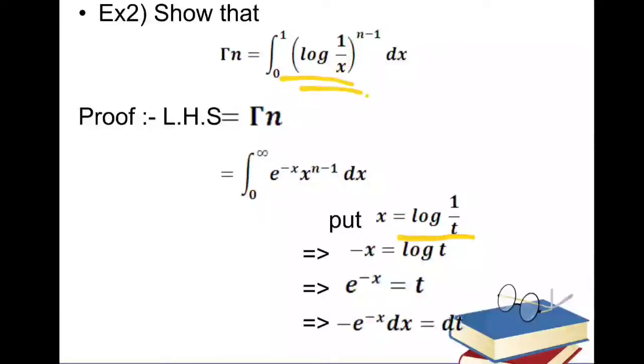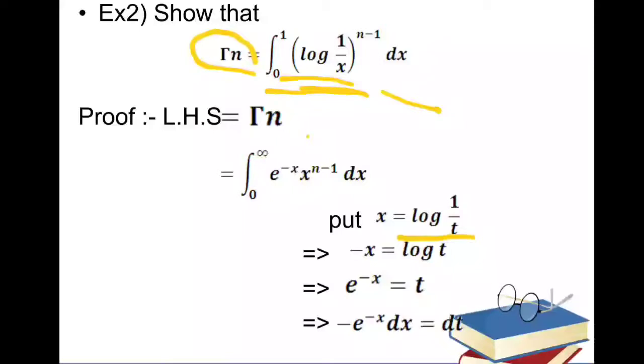At that time we put log of 1 by x equals t, and then take antilog, and we convert that integral into the definition of gamma of n. But in this lecture I am going to solve this example using the left hand side, that means using the definition of gamma function.